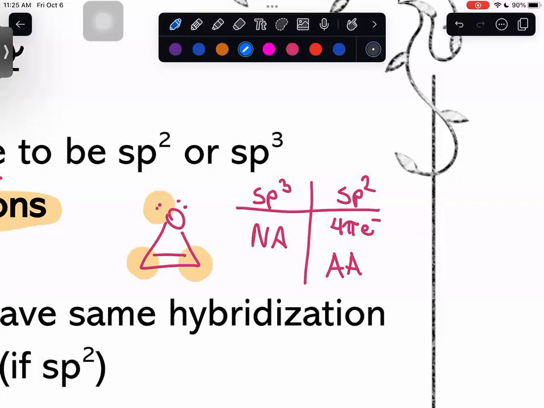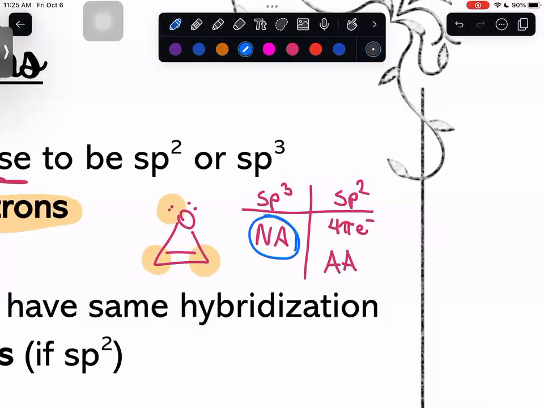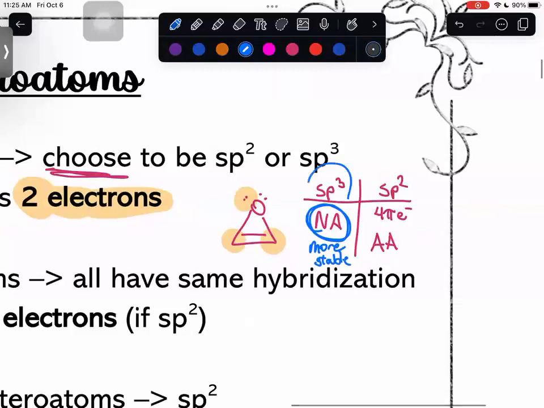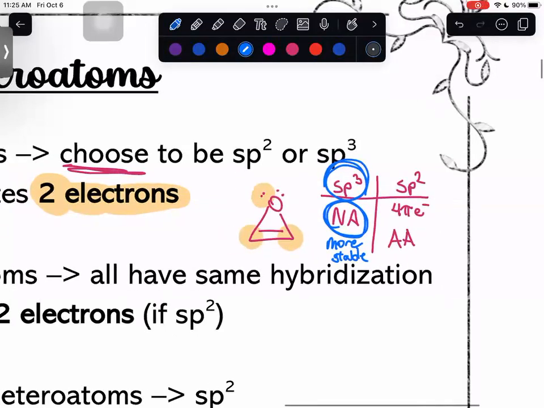Yeah, but the problem is the pi electrons. So non-aromatic is more stable than anti-aromatic. So that means that the molecule, in this case, is going to choose to be sp3. So overall, the entire system in that molecule is just non-aromatic.